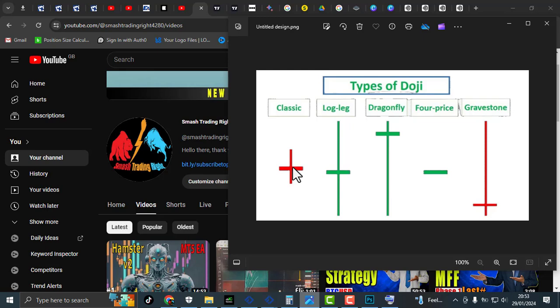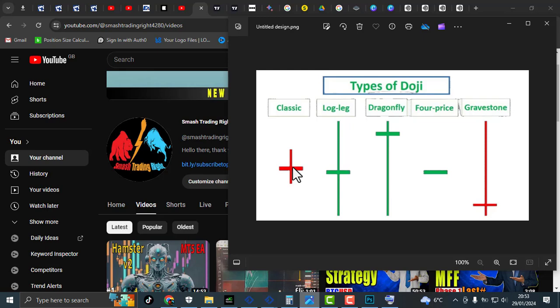Reversal happens a lot for these. The dragonfly usually applies to bullish momentum, so it gives us a pre-indication of momentum going upward, an uptrend. Then the flat price doji, that dash, means price is going to stagnate for a while.